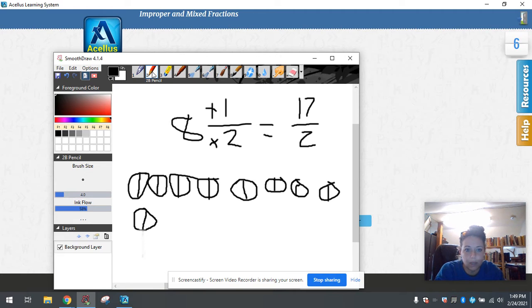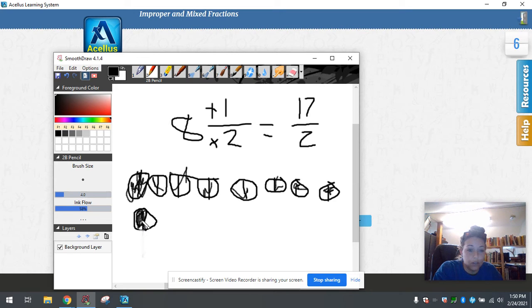Okay, back to my pencil. All right, I've drawn my pizzas. I've cut them all in half. Now, let's pretend we're eating 8 1/2 pizzas, so I'm going to scribble out 1, 2, 3, 4, 5, 6, 7, 8, and a half, because we gobbled them down.